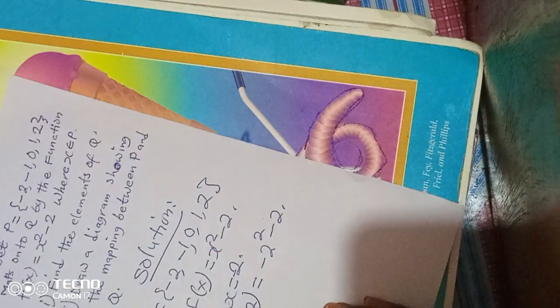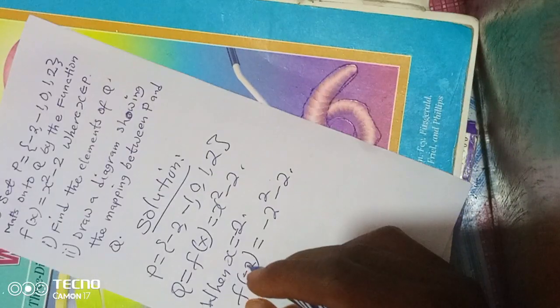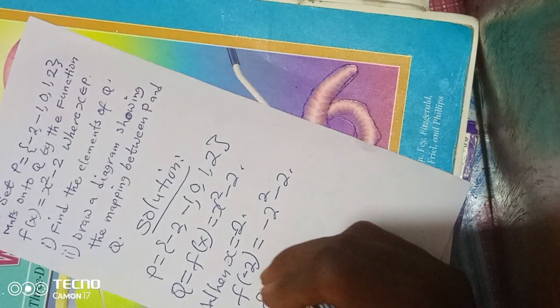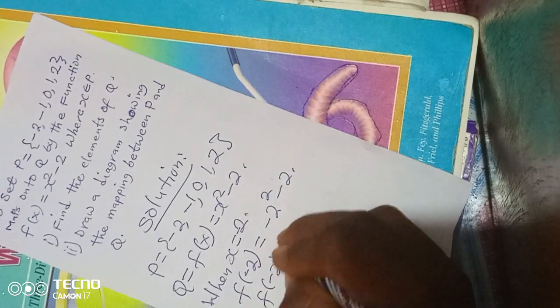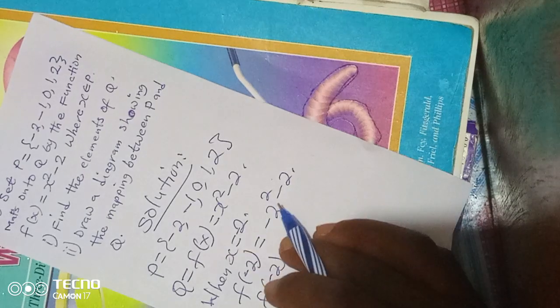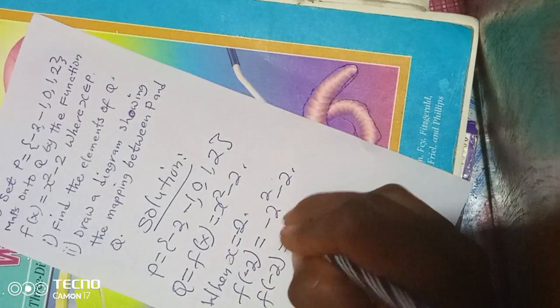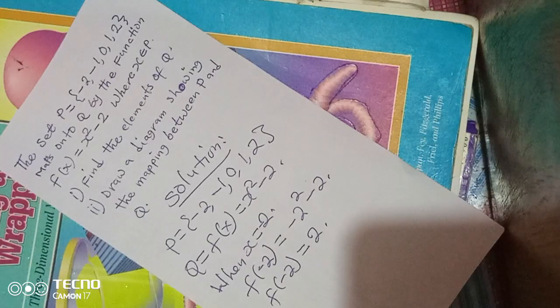In place of the x, you're going to put -2, okay? So our f(-2) will be equal to 2 times 2 is 4, minus 2 is 2. So it becomes 2.